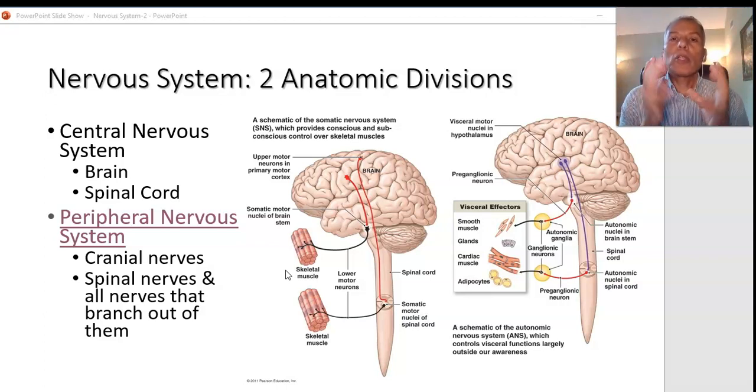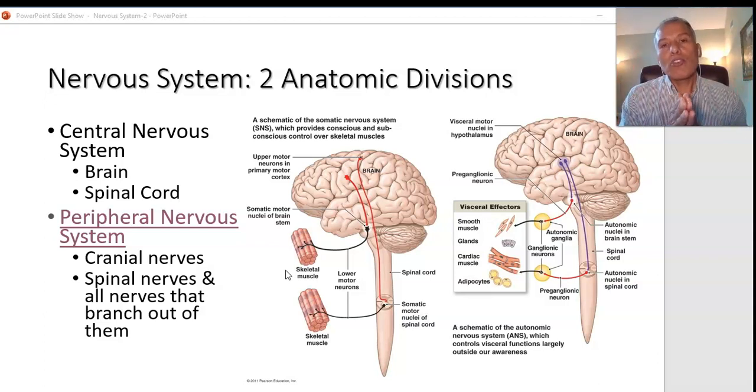The peripheral part of the nervous system, you can think of these parts as the accessories that you connect onto the hard drive, like your computer mouse, keyboard, the screen. All of these become the peripheral components, the outer components.